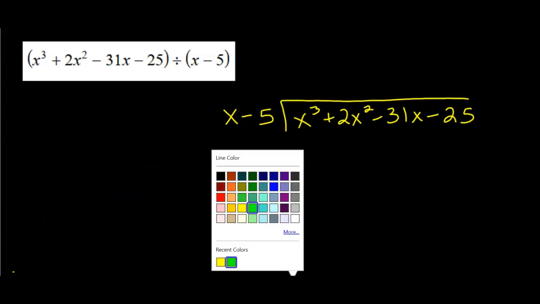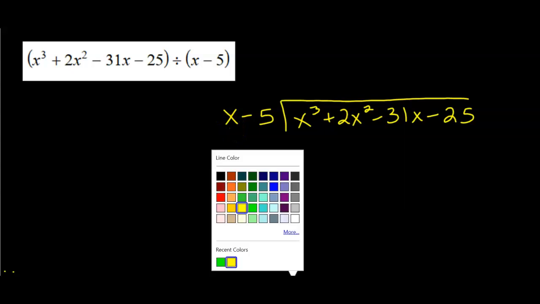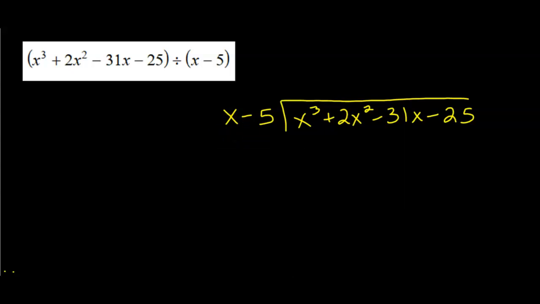Okay, so going back to this polynomial, we're going to first divide. When you're doing your division, you're just looking at the very first term. I would recommend writing your steps over to the side until you get really good at this. So you're thinking about x cubed divided by x.